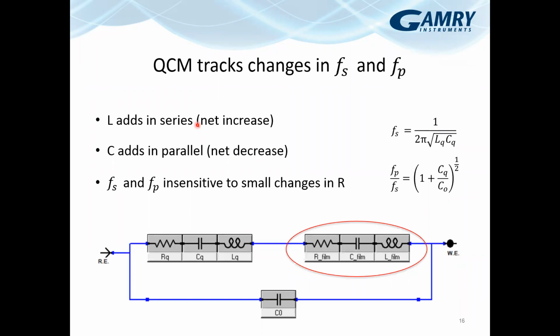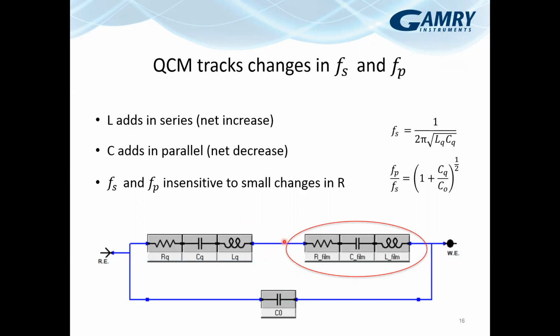And FS is a parameter that, if you know the information about your film, whether it's rigid or not, will have a tendency to decrease when a film falls onto the QCM or the mass sensor. That's usually modeled as an additional RLC in series with the crystal, right?